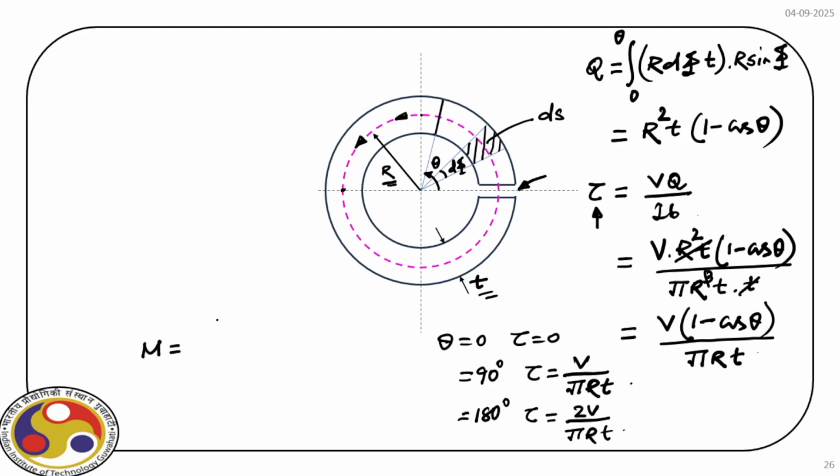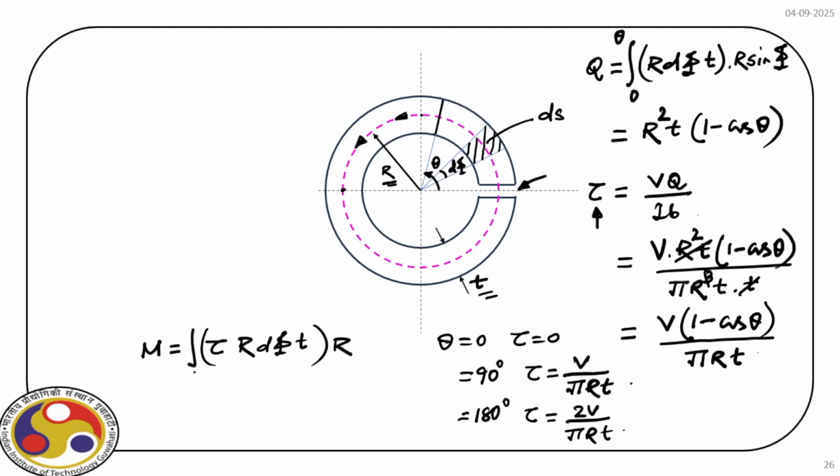and that moment, if we estimate, we have tau, the shear stress at the section level, and it is acting over a small wedge, and its area is, say, r d phi times t. So that's the amount of force, times the lever arm is r.